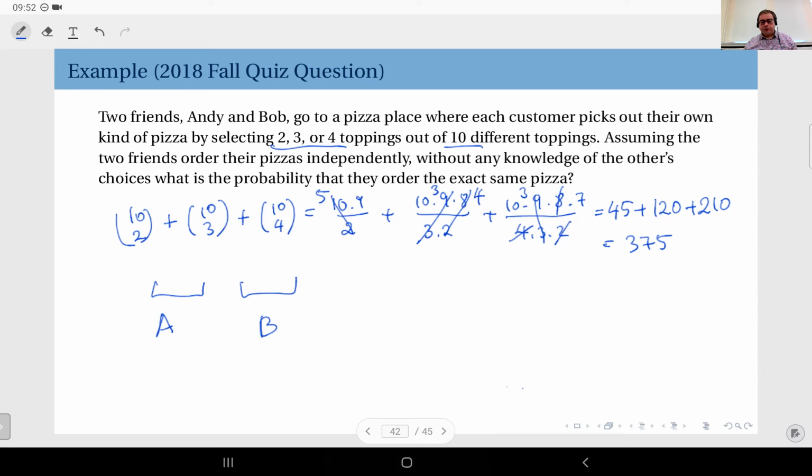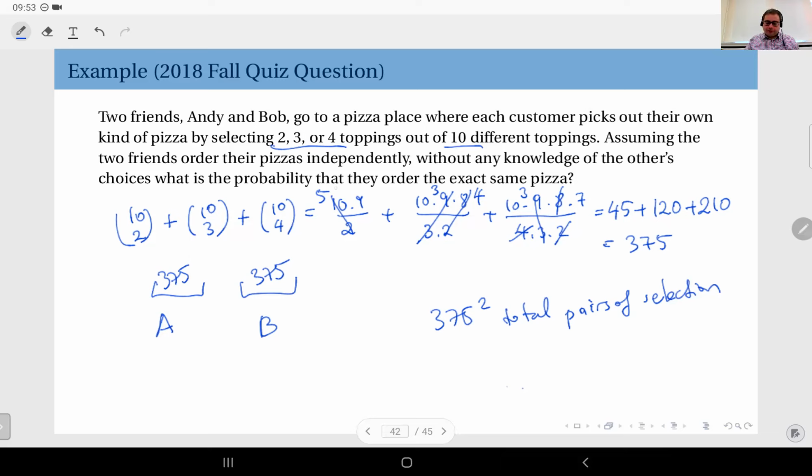And therefore, if we disregard the condition in the question, what is the total number of selections they can make? Obviously, that is 375 here, 375 here. That gives me 375 squared total pairs of selection.